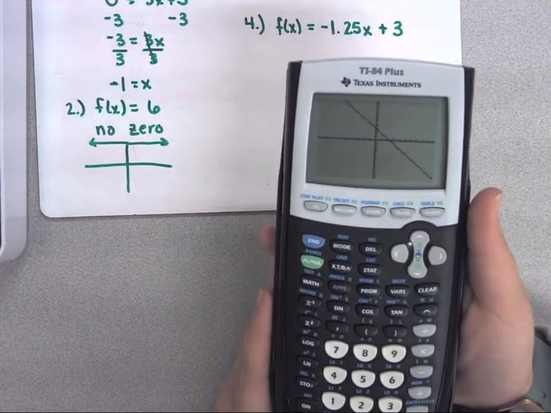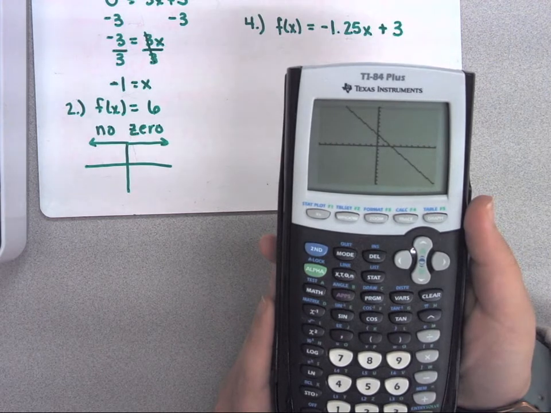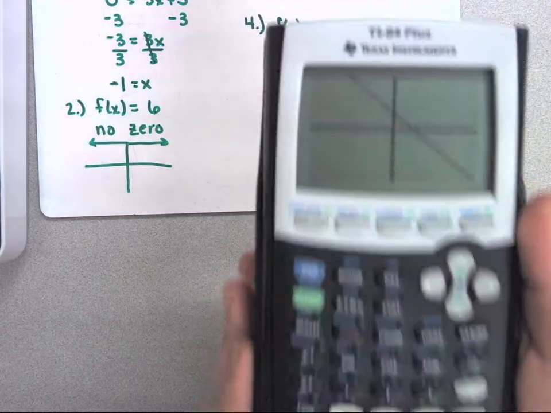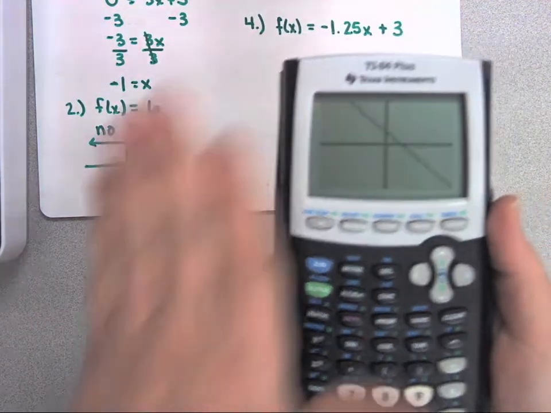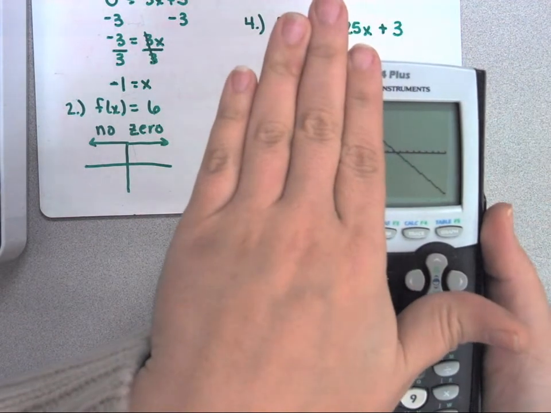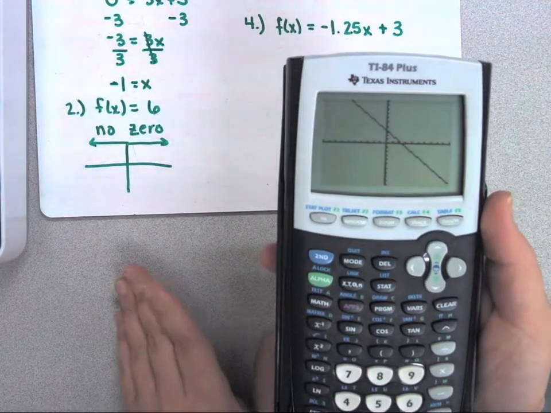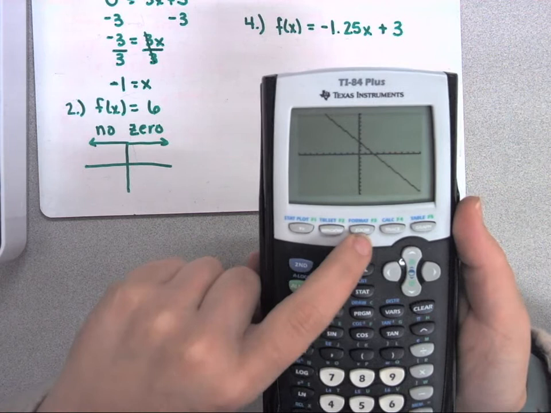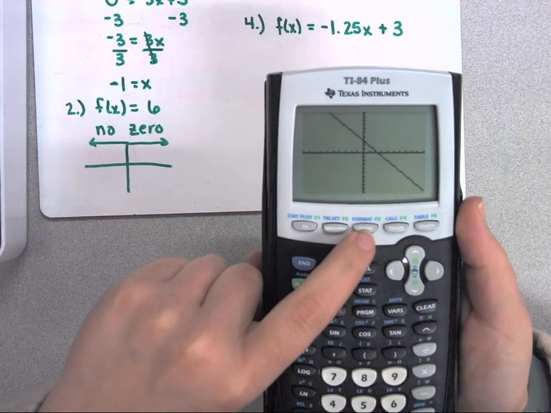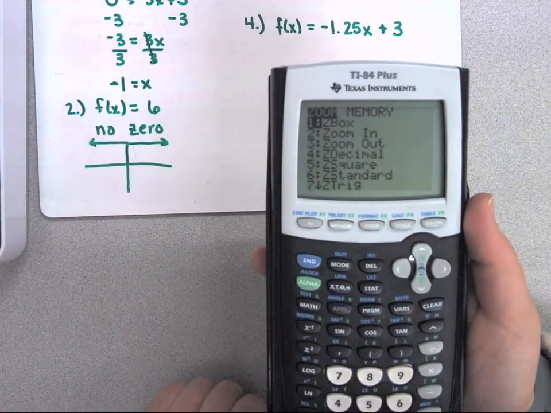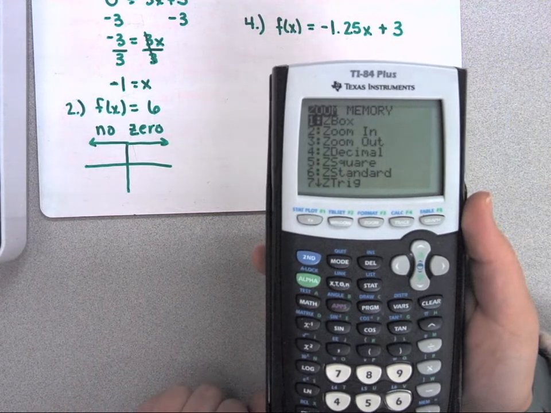Now, here's the thing. If your graph doesn't look like this, if you only see this much of it, if it's really zoomed in, and this is for everybody, you see the middle button at the top, it says zoom. Everybody push zoom. See all those words there?